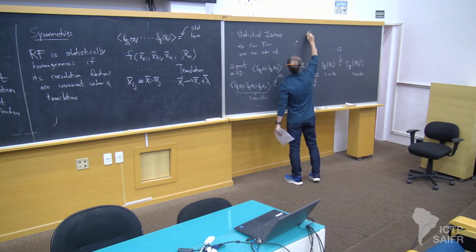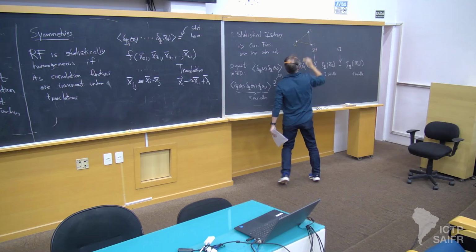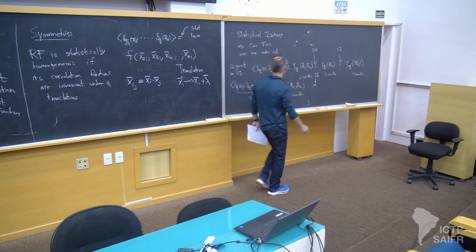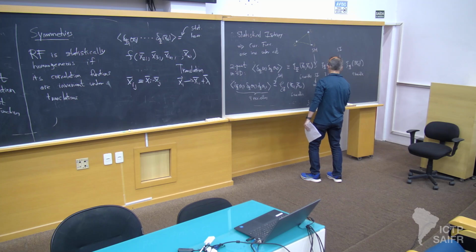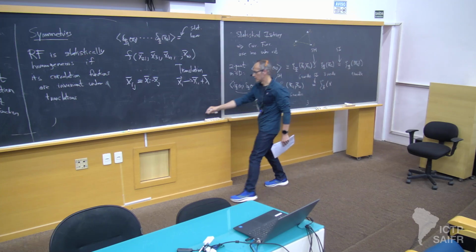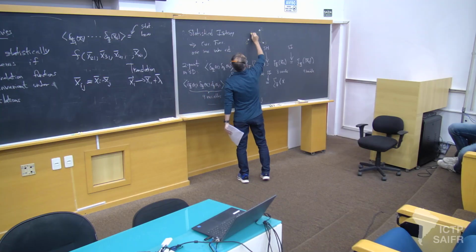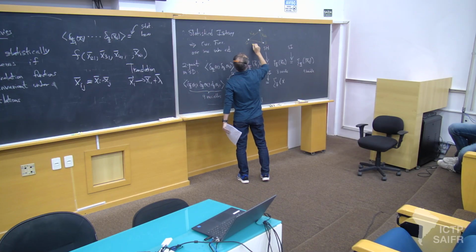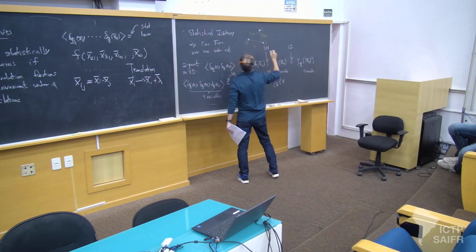Now I have 3 lengths that I can form. And this becomes just a function of 3 lengths. Let's call it, this length will be x21, this will be x32, and this will be x31, okay?